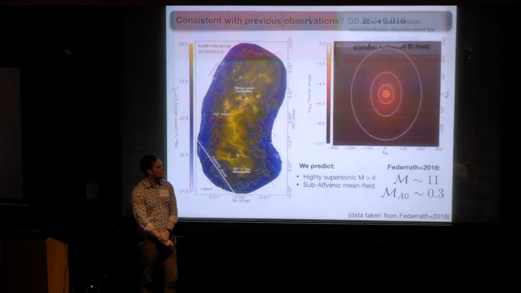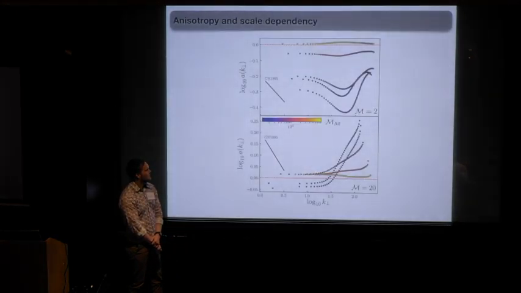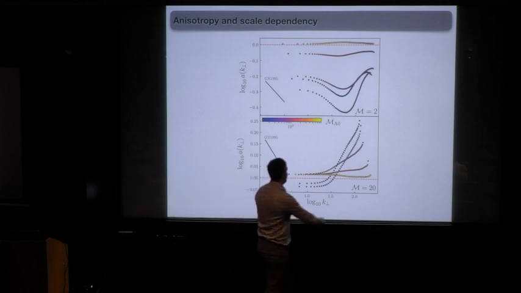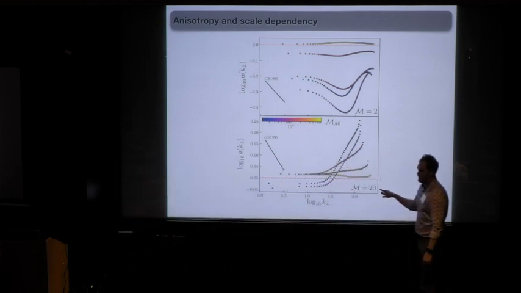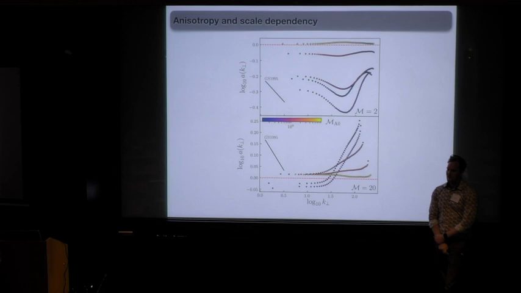So we get nothing like GS95. These are the scale-dependent anisotropies that we find. Essentially, in the very high Mach number case, you get the wrong power law. In principle you have it, but you're looking at density. So that suggests that the striations we see in clouds are in the weak turbulence regime, you think? Yes, so less than Mach 4.